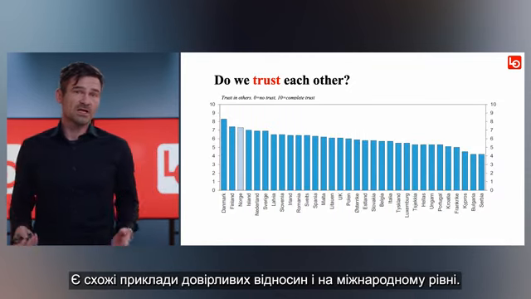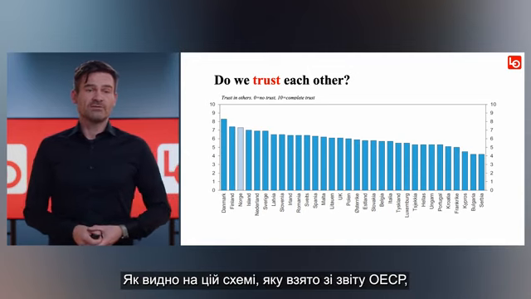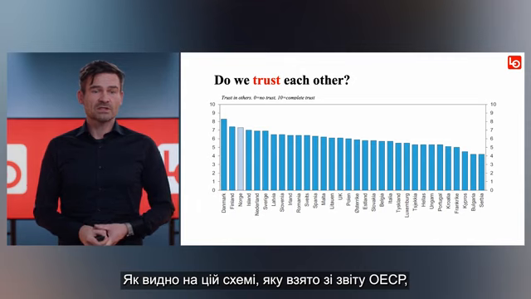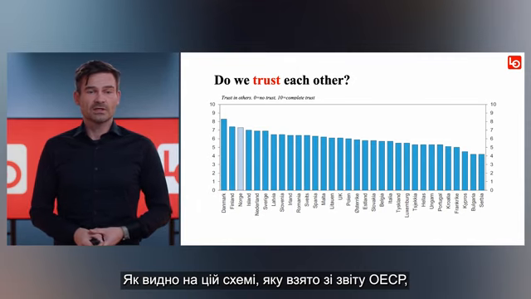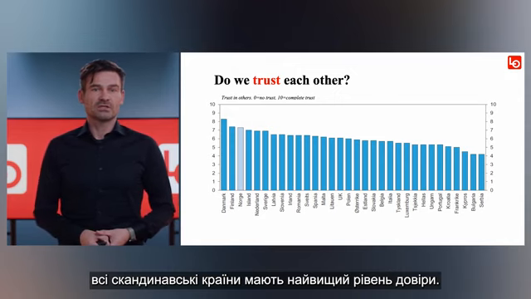There are some international comparisons on trust. As you can see from this figure, which is taken from an OECD report, all the Nordic countries are at the top of trust levels.